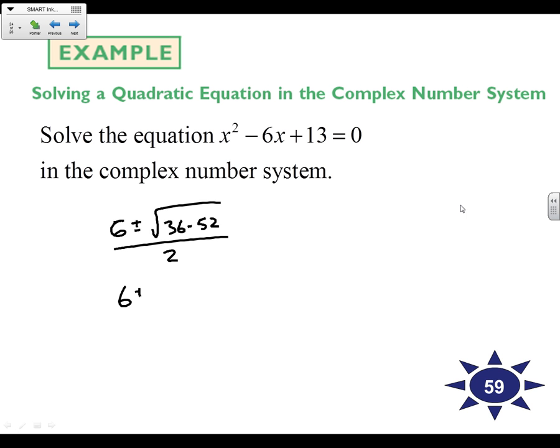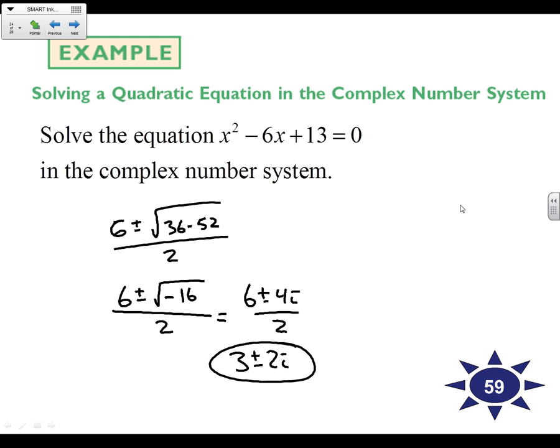So we've got 6 plus or minus the square root of negative 16, all over 2. We used to say no real solutions, but now we have a complex solution. 6 plus or minus 4i over 2, which gives us 3 plus or minus 2i. Go ahead and try 59.